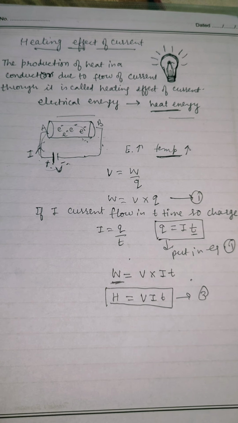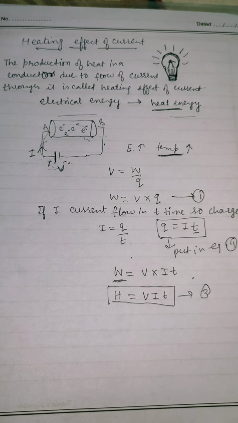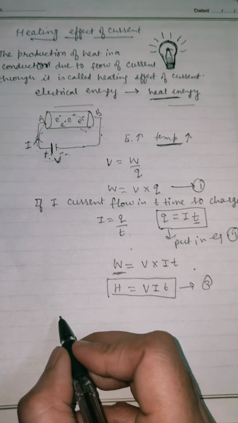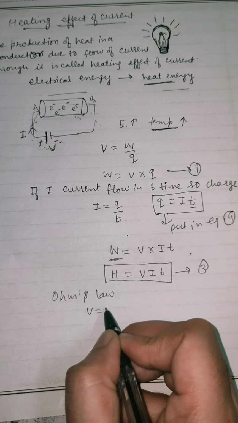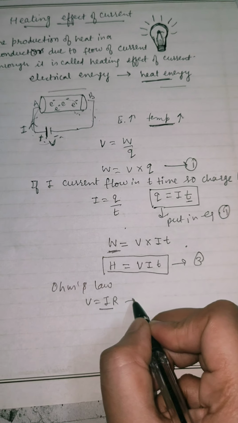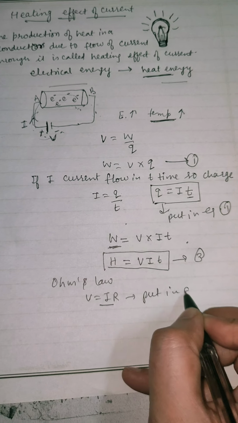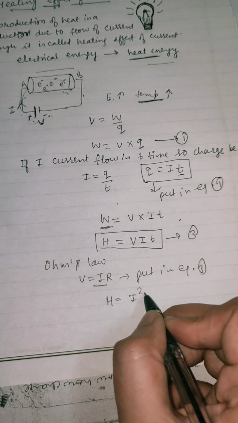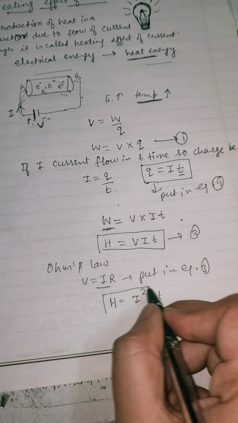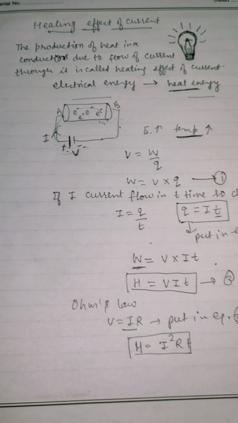Now another expression for heat. As we know, according to Ohm's law, V equals IR. We put this value in equation third and get I square RT. This is another formula for heat.